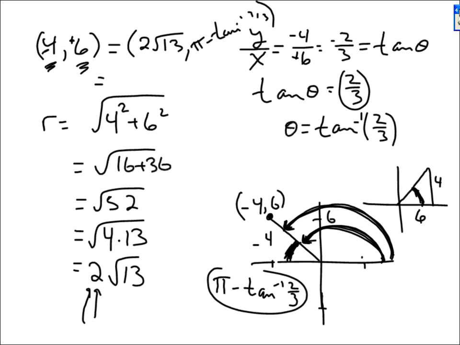Let me put it down here. 2 square root of 13, comma, pi minus the tangent inverse of 2/3. That is the polar coordinate of negative 4, 6. And you want to find the arctan of 2/3 and take away that from pi? Fine, you can do that.